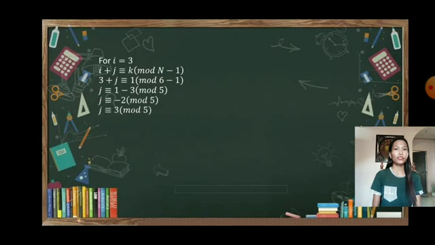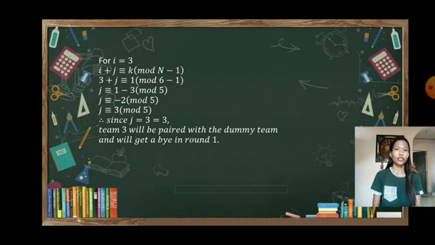When we solve that, we have j ≡ −2 mod 5 or j ≡ 3 mod 5. So, we have the value j = 3. Since j = 3 and it is also 3, the value of i, Team 3 will be paired with the dummy team and will get a bye in round 1.